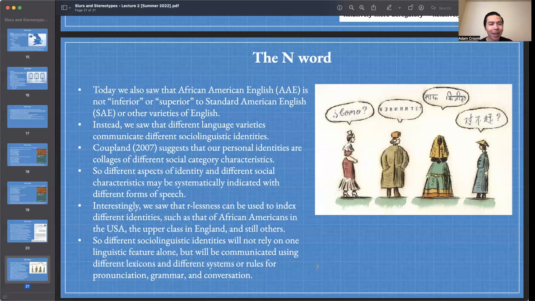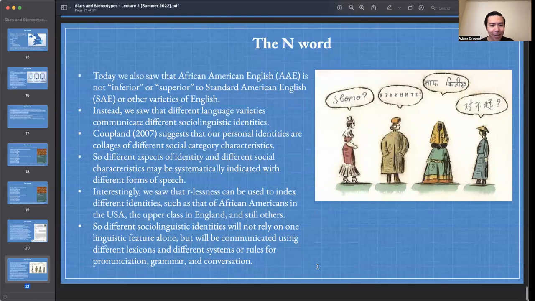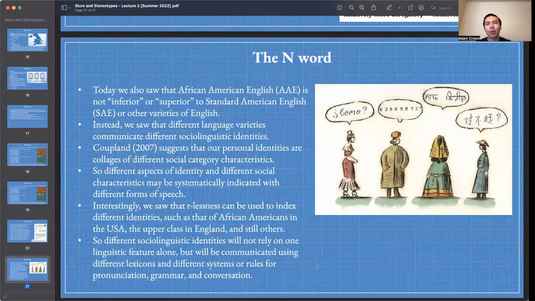All right, so that covers the main points of our lecture today, covering both the professional study of slurs, the in-group and out-group usages of slurs, as well as the different in-group and out-group dialects of speakers.